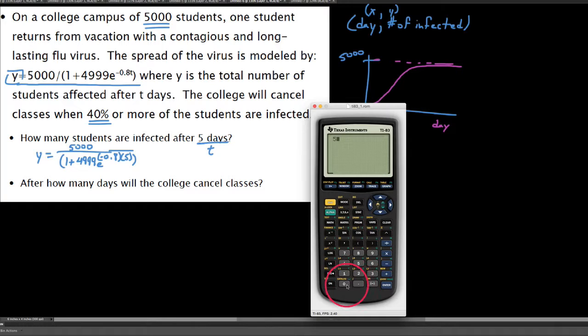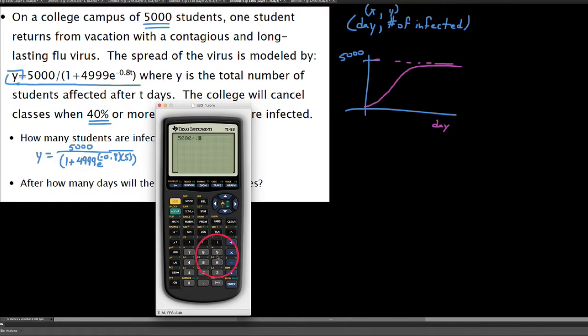If we were ambitious, we could type 5,000 divided by, now all in parentheses, 1 plus 4,999 times e to the power of negative 0.8 times 5. I'm going to end cap that one, and I need another end parenthesis because it matches up with the beginning of our exponent here.